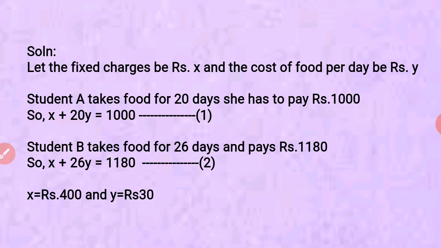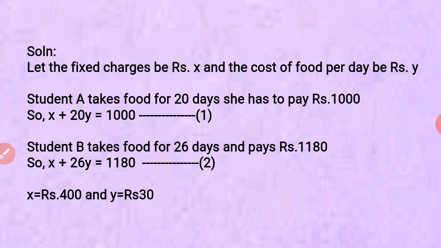So the first step here, let the fixed charge be rupees X and cost of food per day be rupees Y. Now this person is taking food for 20 days. That fixed charge is always to be added, so X is added to what? It is 20 days, per day food charge Y rupees. So for 20 days it will be 20Y. So the first equation becomes X plus 20Y equal to 1000.